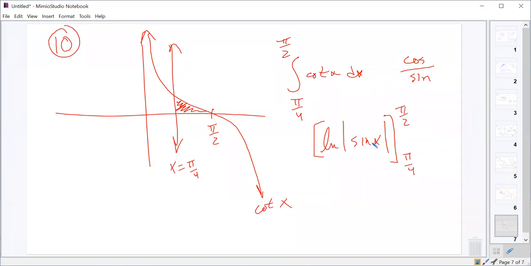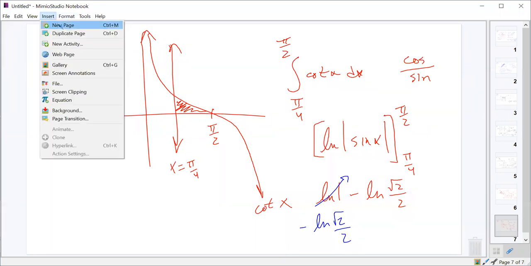Plug in your pi over 2, sine of pi over 2 is 1, so you got natural log of 1, and then minus natural log of root 2 over 2. Natural log of 1 is 0, so you got negative ln root 2 over 2, which is not an answer choice, so you got to use some log rules.